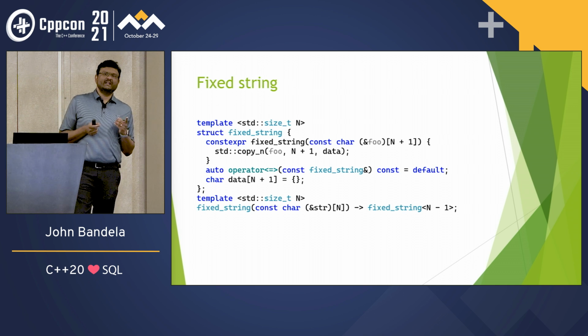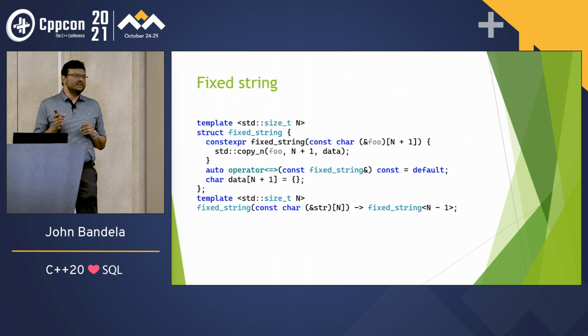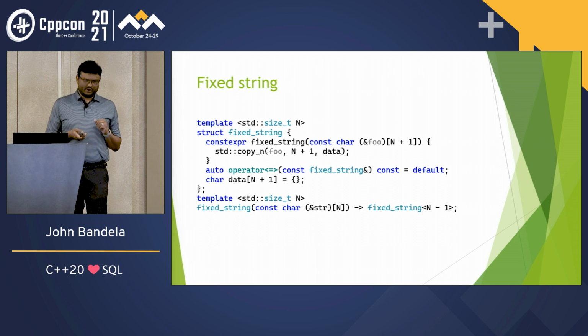That's part one. And the other thing, it needs to be what's called a structural type. It can't have any references and it can't have any pointers. With the operator defaulted, the compiler knows how to compare two values and know they're the same value. Because it can compare them, then you're allowed to use them as a template parameter.